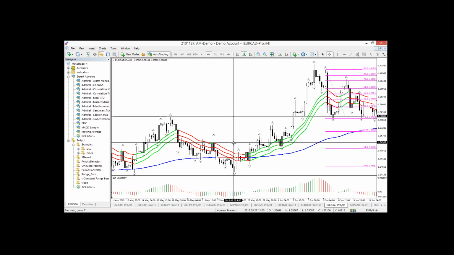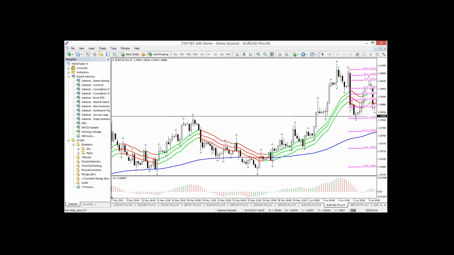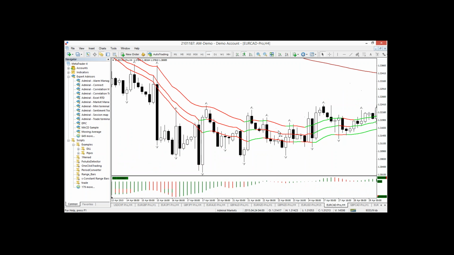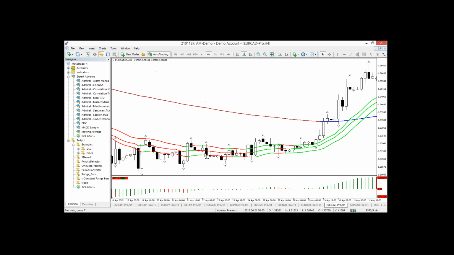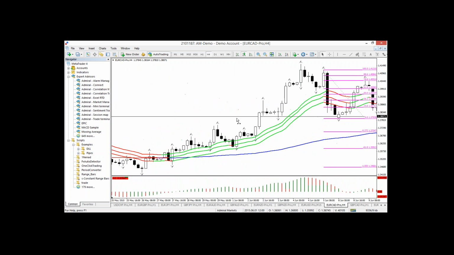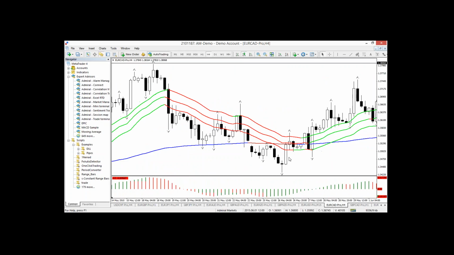And I start to count as soon as one candle doesn't break the low or the high. So in this case, where was it? This candle is the lowest. The next one is not lower, so that's 1, 2, 3, 4, 5, 6, 7, 8. So as soon as it doesn't break, that's the first one.